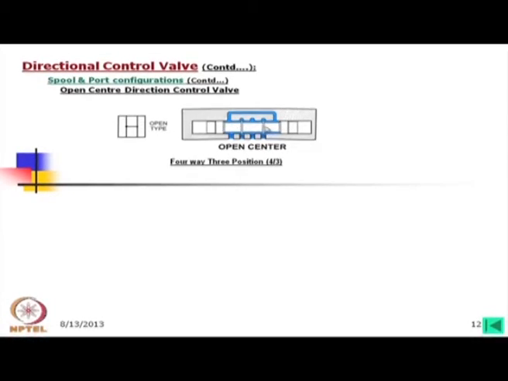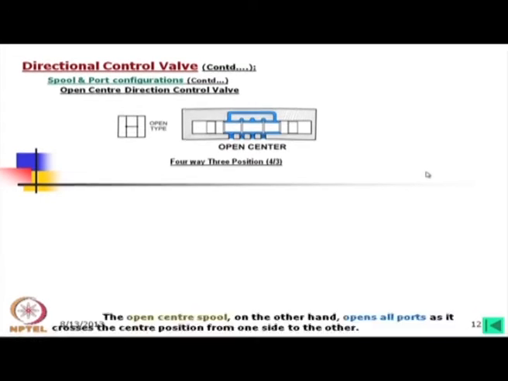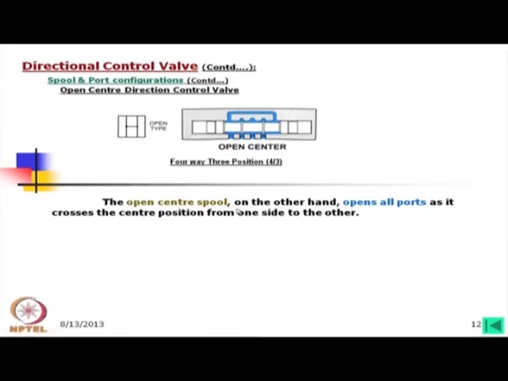As you see here, the two middle lands are very thin, not wide, and so it is keeping all the ports open at the center. Now, if we move right hand side or left hand side, it will be the same as what we discussed earlier in case of closed center. The open center spool, on the other hand, opens all ports as it crosses the center position from one side to the other.